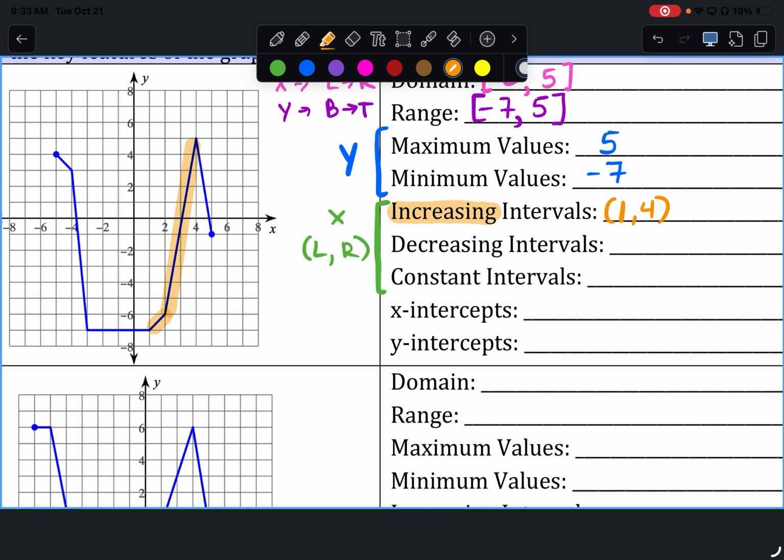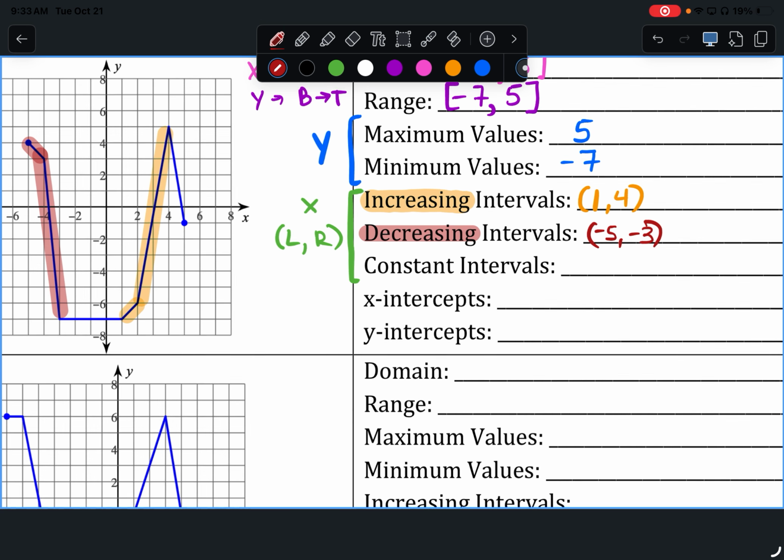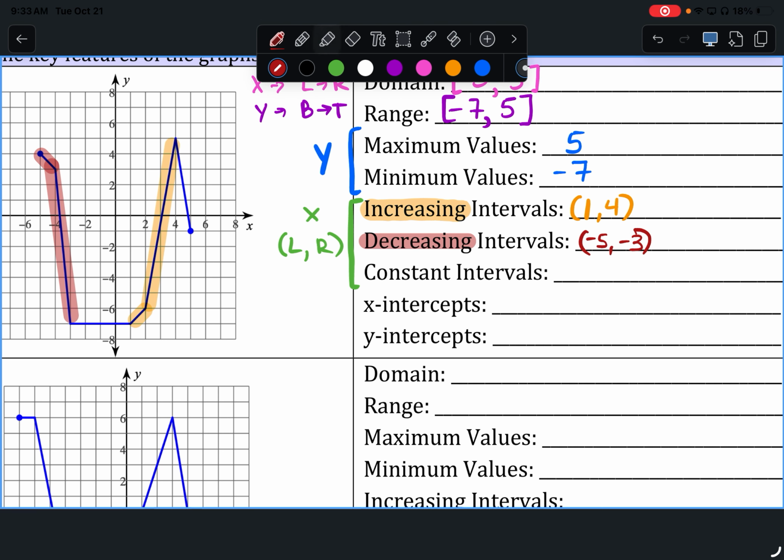So now we're going to look at decreasing intervals. For decreasing intervals, where is that at? Yep, it decreases there, but it keeps decreasing till you get to -3. So we can do -5 to -3. Is there any other places on that graph that decrease? Where? 4 to 5.